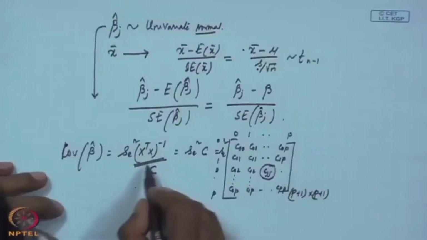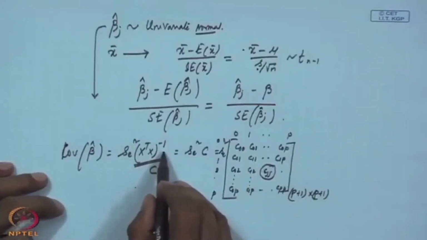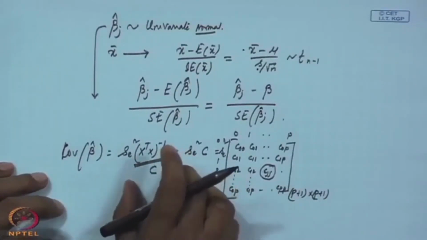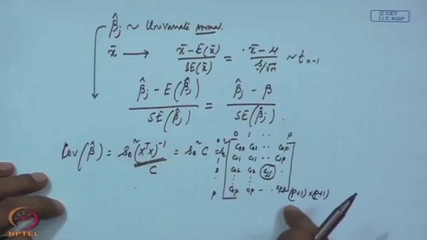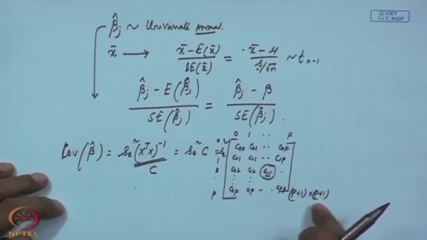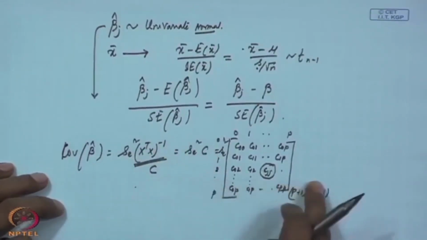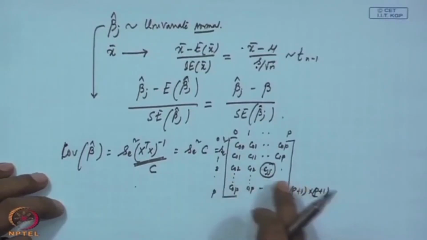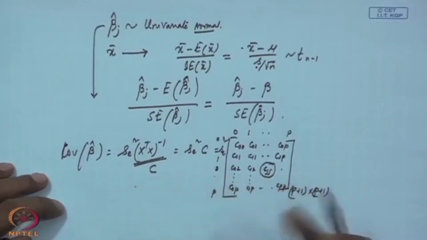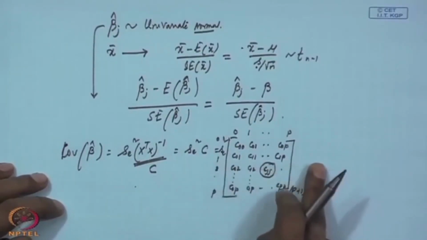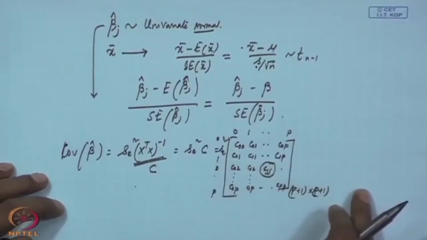Understood? So, what I am saying is that (X transpose X) inverse is a square matrix of order p plus 1 cross p plus 1, and we are writing it in terms of capital C, and each element is C jk. Now, j goes from 0 to p, k goes from 0 to p.